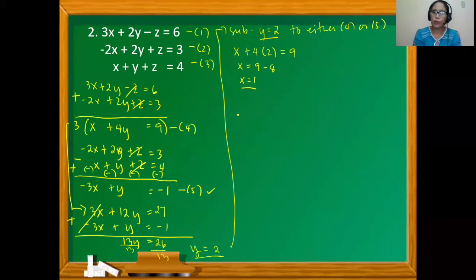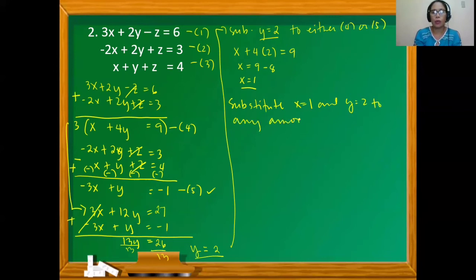Now, solving for z requires us to substitute x equals 1 and y equals 2 to any among equations 1, 2, or 3.